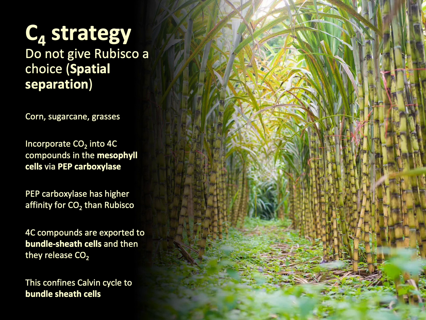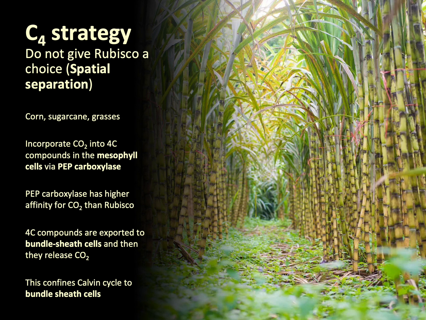So this 4-carbon compound is then taken out of the mesophyll cells and moved to a new set of cells, the bundle sheath cells. And at the bundle sheath cells, there's an enzyme that breaks down that 4C compound and re-releases that CO2.